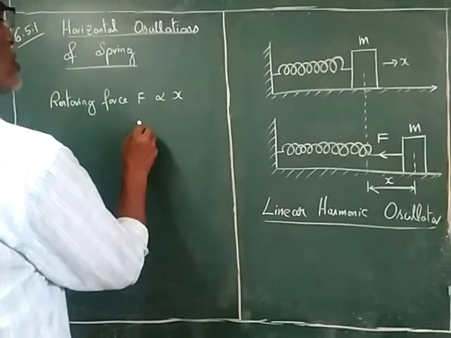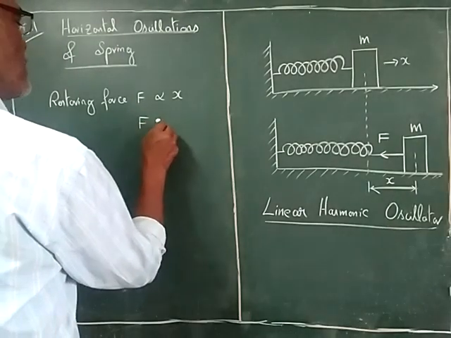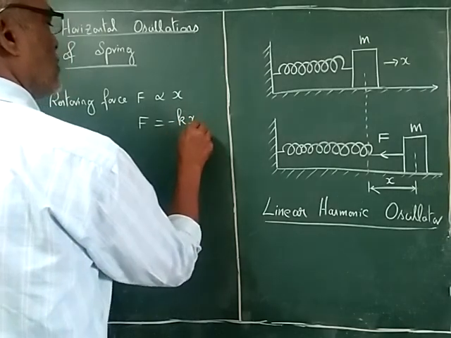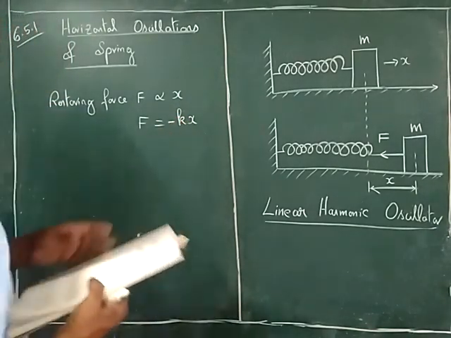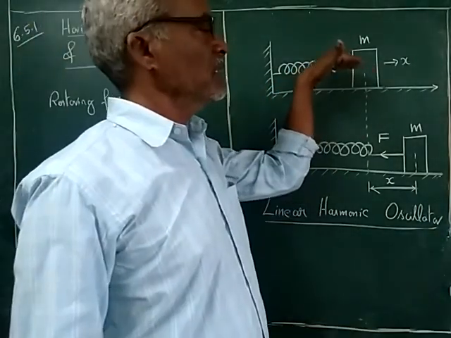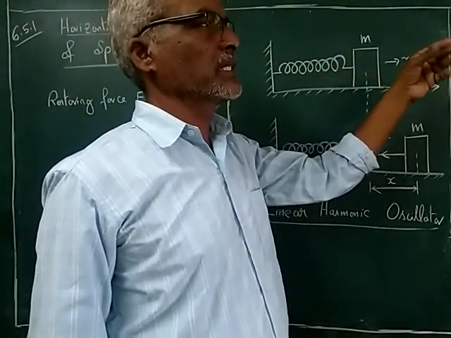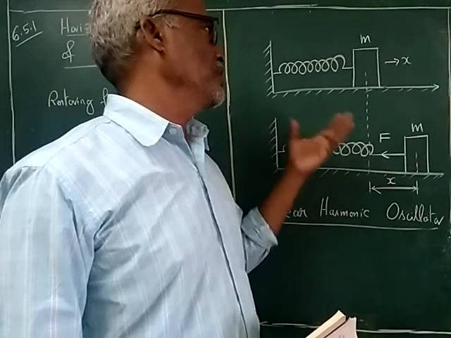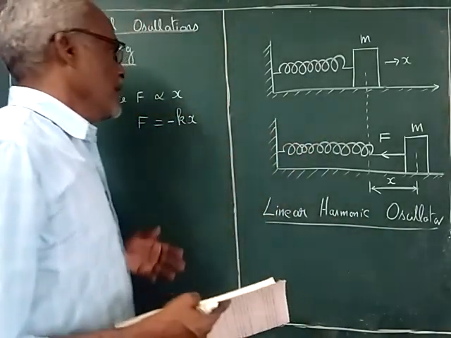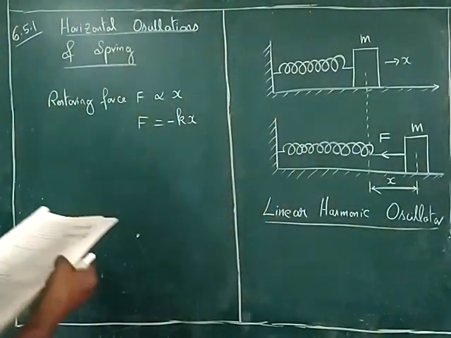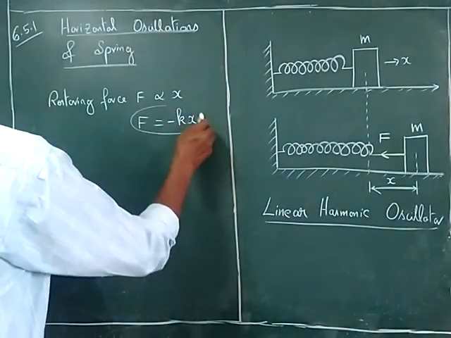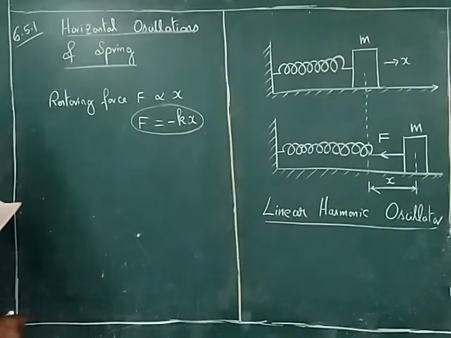Now we introduce the constant of proportionality: F is equal to minus kx. We introduce this minus sign because the force we apply is in this direction, whereas the restoring force is in the opposite direction. k is the spring constant, which we have seen in earlier videos.